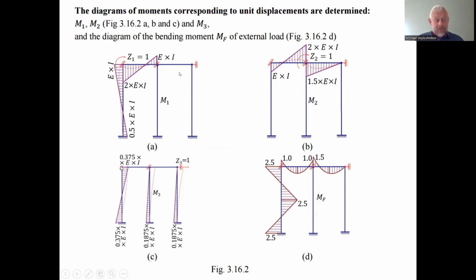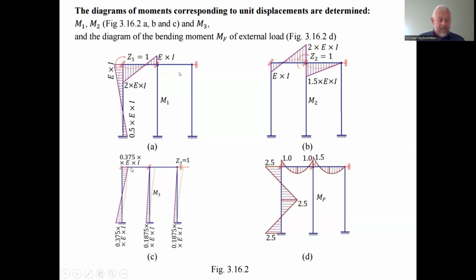If we assume that the right extra connection is installed to the main system, when doing this from the assigned system, if we assume this translational displacement Z3 equal to 1, excuse me.